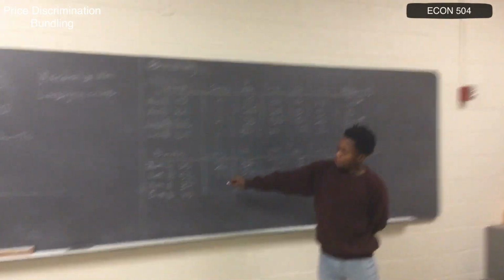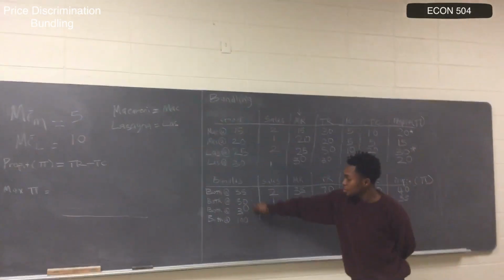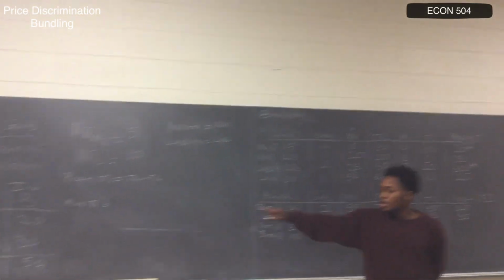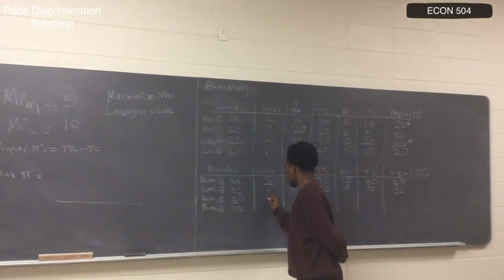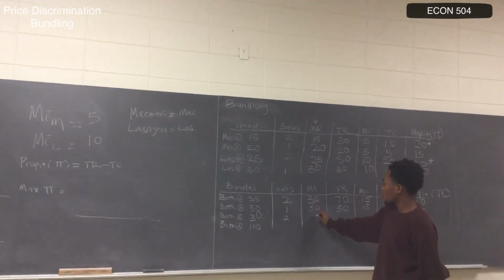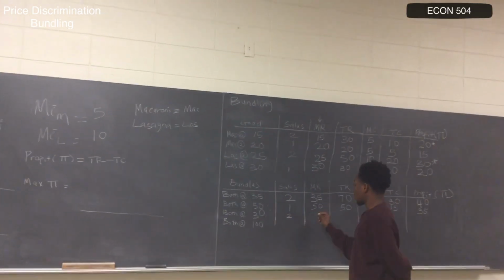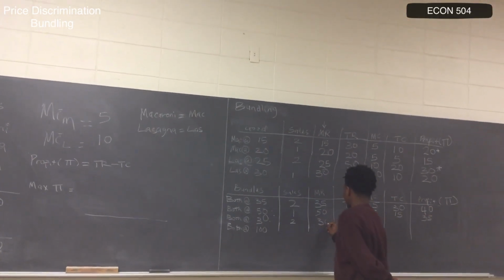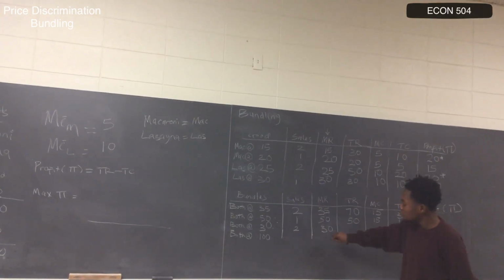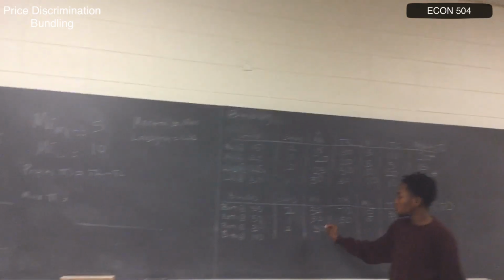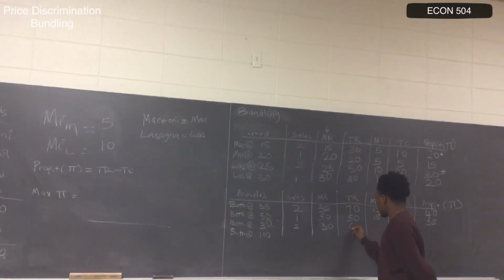So if I sell both goods for $30, I also sell to 2 individuals. The marginal revenue I make will be the price, which is 30. The total revenue of selling this good at 30 to 2 individuals is 60.